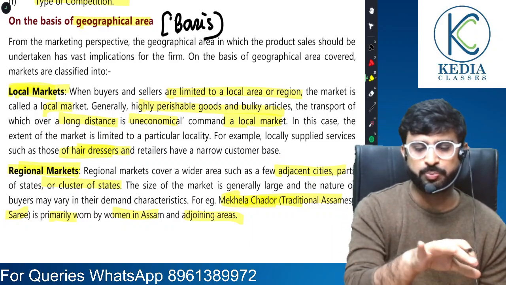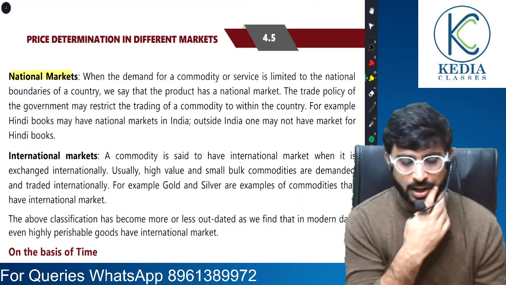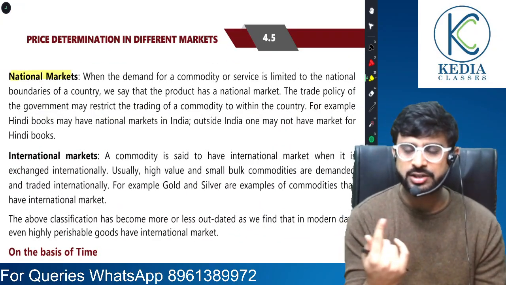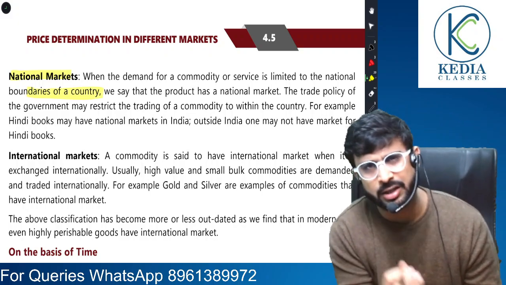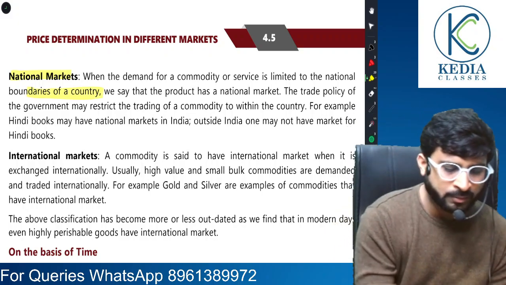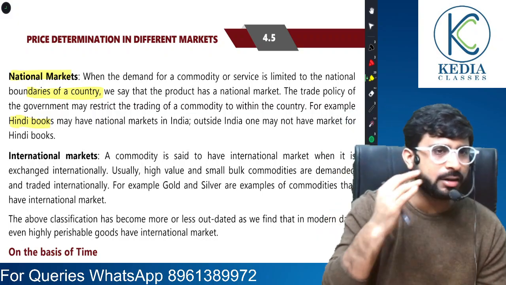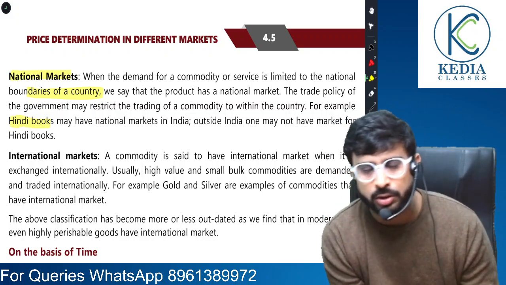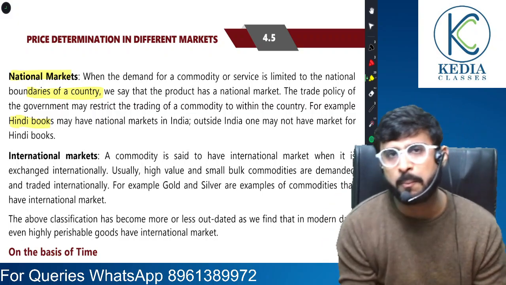When the market is spread across multiple cities, then there is national market. When the product is demanded within the boundaries of a country anywhere, that is a national market. Just let me give you an example. Maybe a Hindi book. Somebody in Calcutta is wanting to read a Hindi book. The writer is located somewhere in the west, let's say in Mumbai.